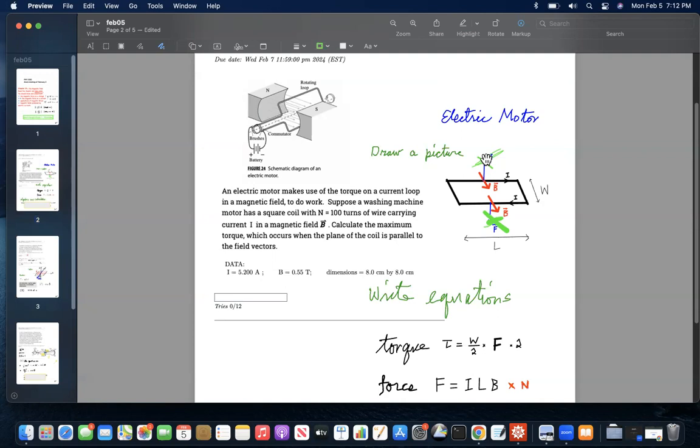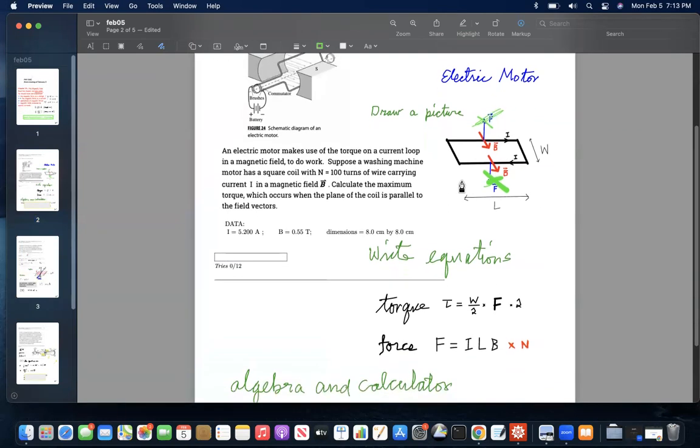On one side it's in one direction, on the other side it's in the other direction, opposite to what I drew here. But anyway, that makes a torque. So there'll be a torque, which is what we're supposed to calculate. So here's the picture, try to get it right. Label it. There's a width here and a length.